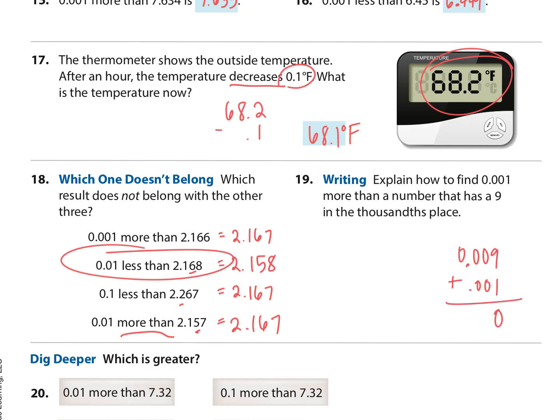Because this is 10, right? So if I change this and I carry a 1 over here, then I'm going to have a 1 in the hundredths place now. Is that right? Yeah, good. Okay, you don't have to write anything there. I just kind of wanted to discuss that one.